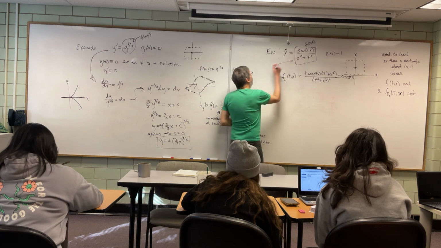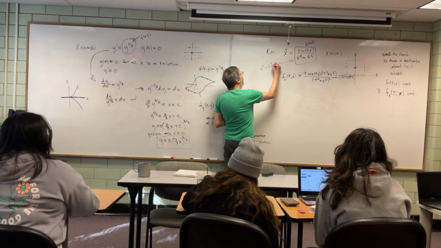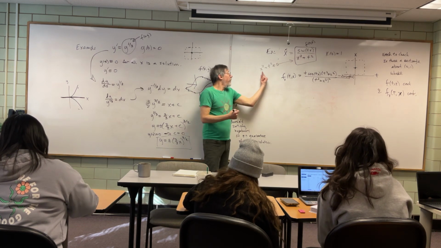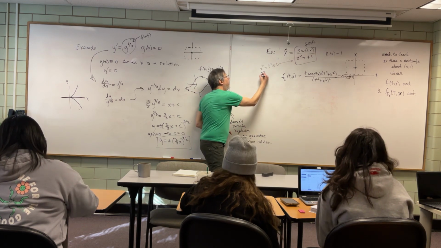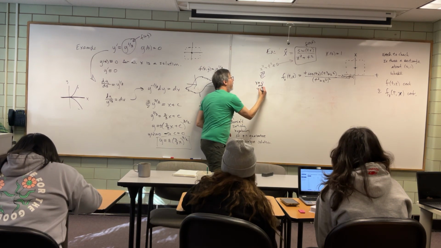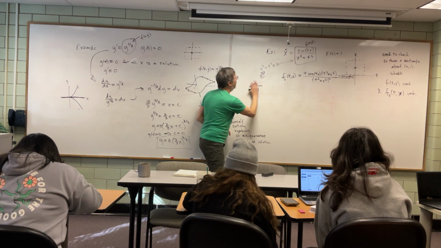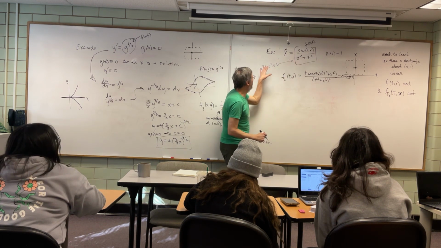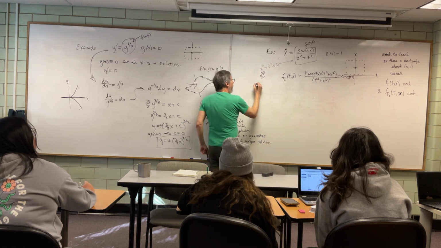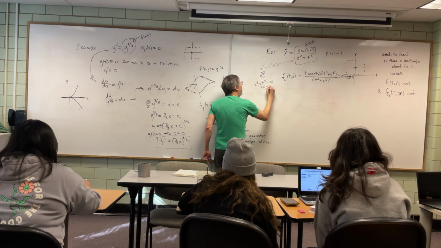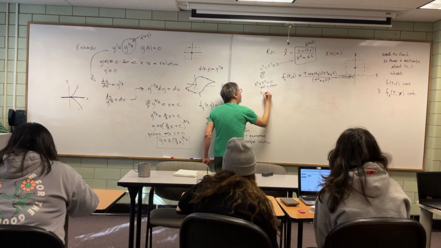So we just need to make sure that x squared plus t squared is not equal to 0. Notice that because of the squares, that's equal to 0 only when they're both 0.